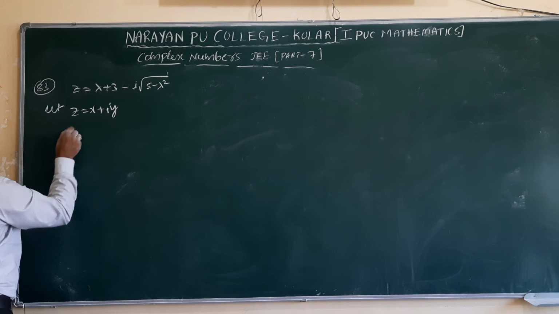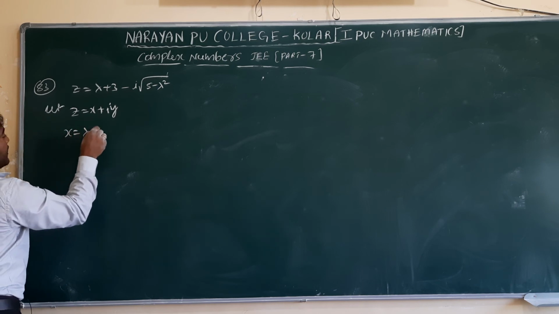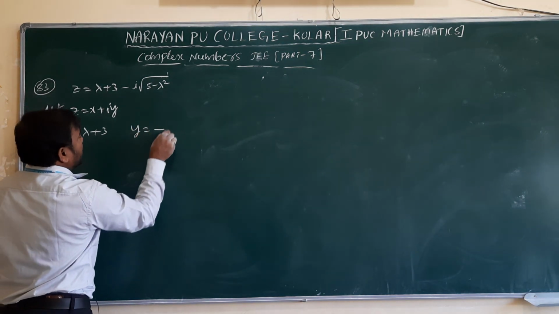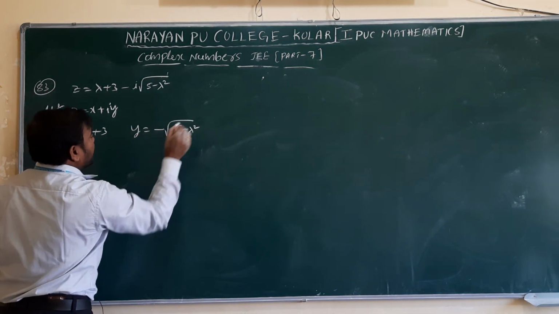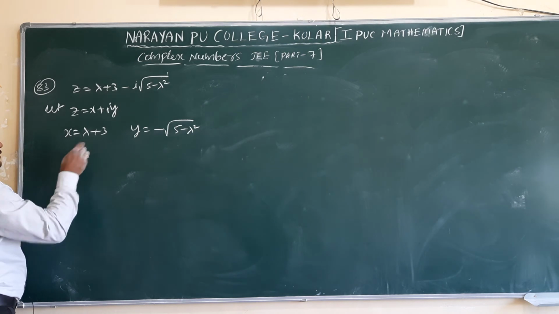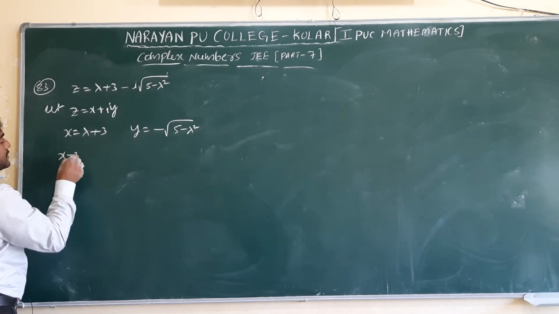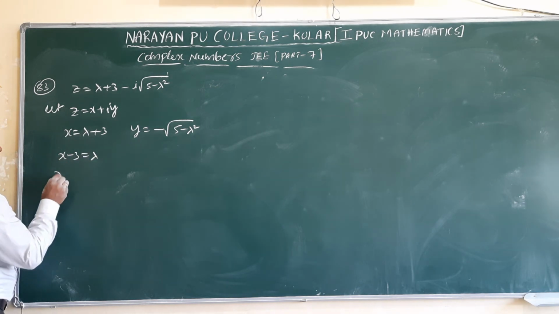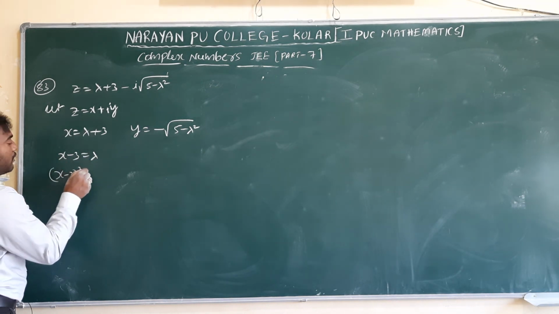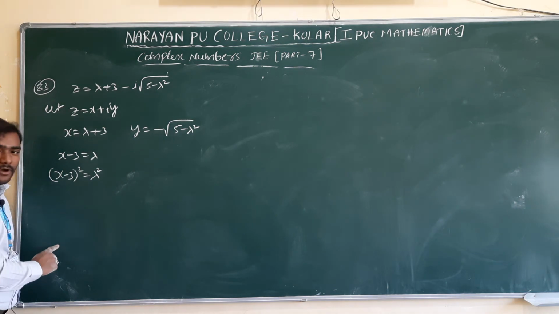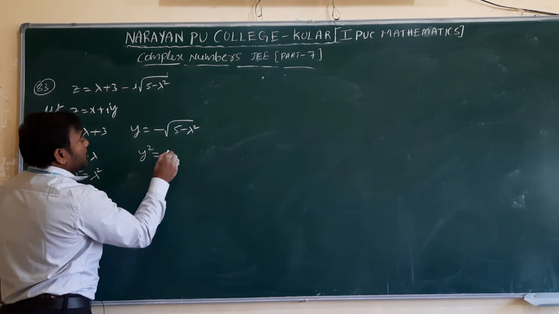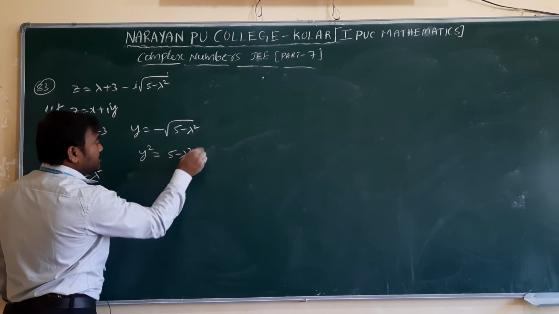Comparing, the x value is lambda plus 3 and the y value is minus square root of 5 minus lambda square. Here x minus 3 is equal to lambda; squaring on both sides, x minus 3 whole square is equal to lambda square. Also squaring on both sides, y square is equal to 5 minus lambda square.